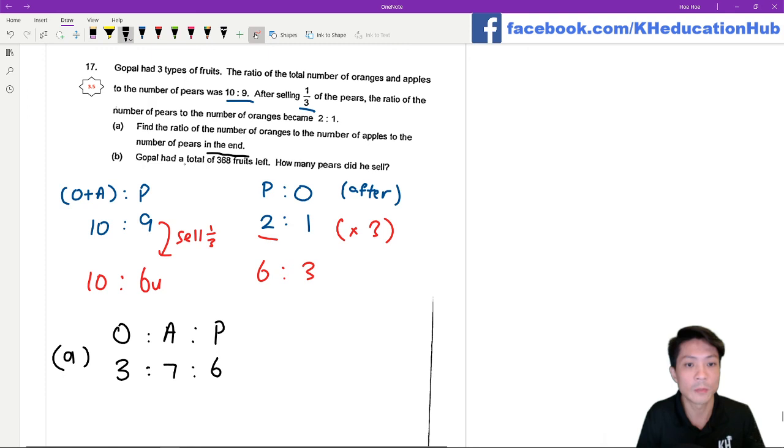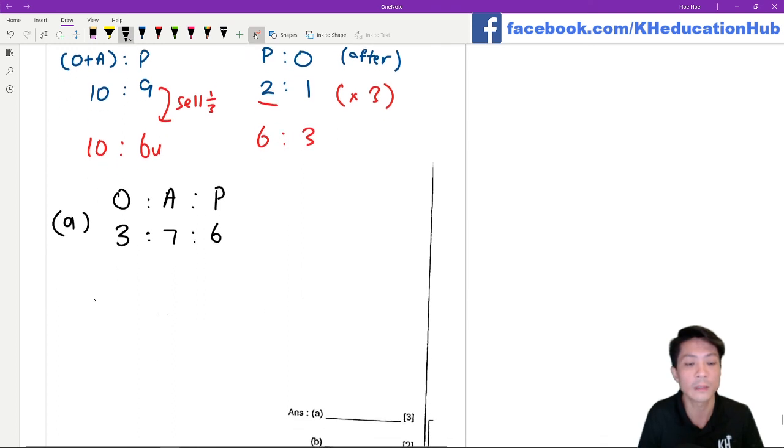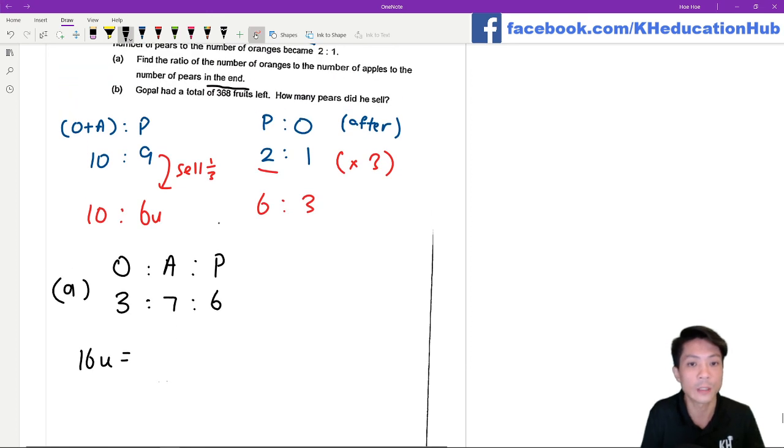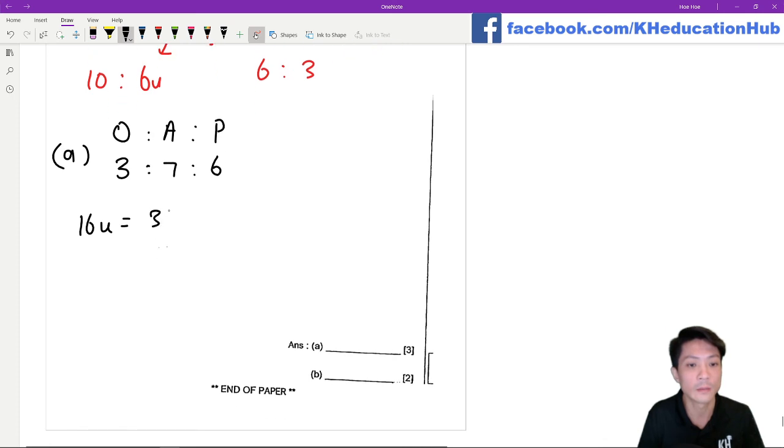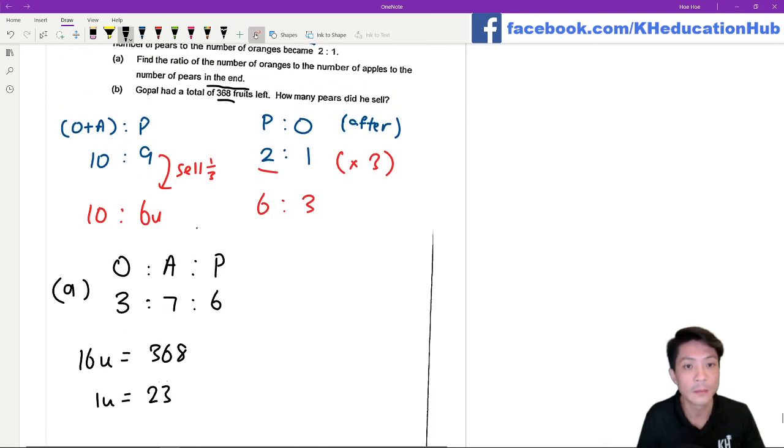Go to part B. Gopal had a total of 368 fruits left. How many pears did he sell? Which means that 16 units is equal to 368. I'm going to find what 1 unit is.